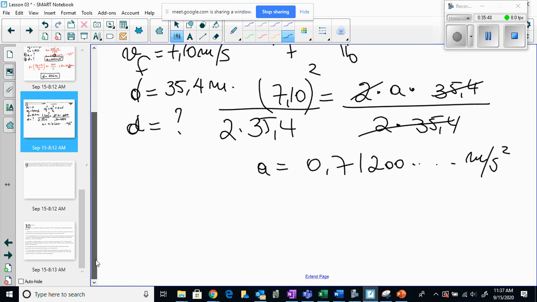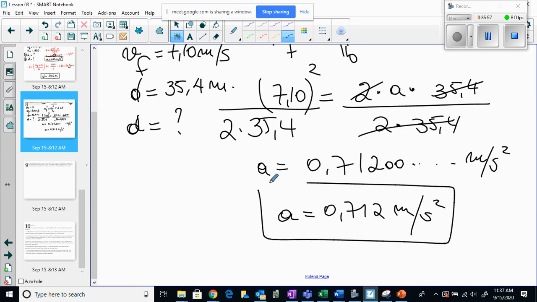So this will be acceleration 0.712 meters per second squared. If you want, you can write it in scientific notation form, 7.12 times 10 to the power of -1 meters per second squared, but there is no need.